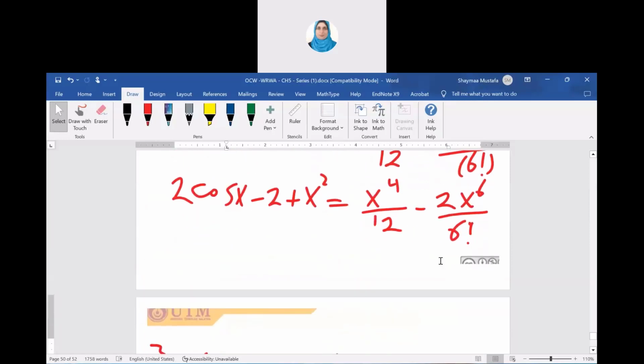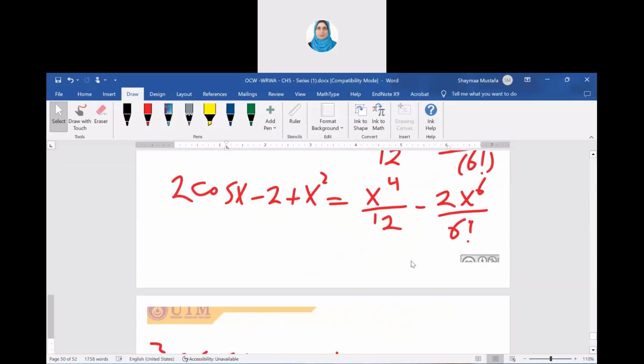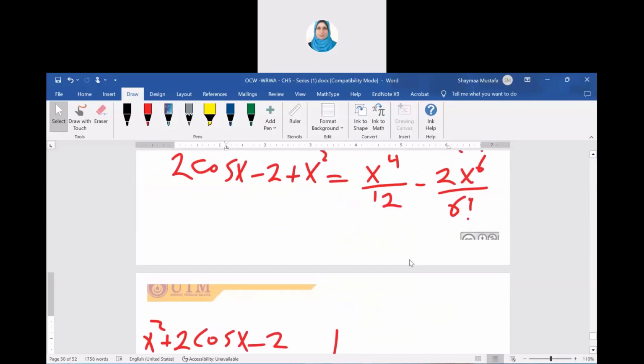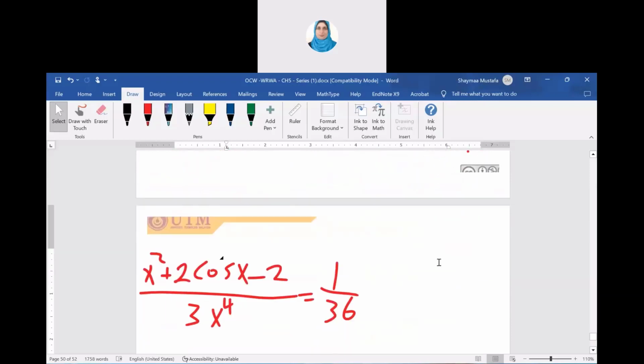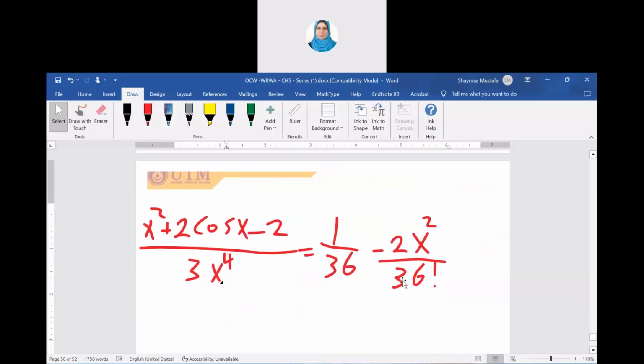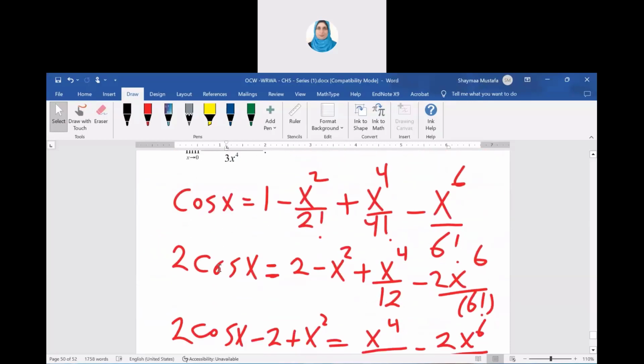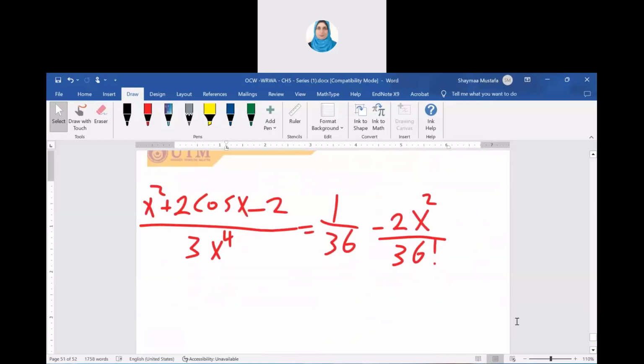Now divide this one by 3x to the power 4. So you have minus 2x squared over 3 times 6 factorial. And then take the limit when x goes to 0.